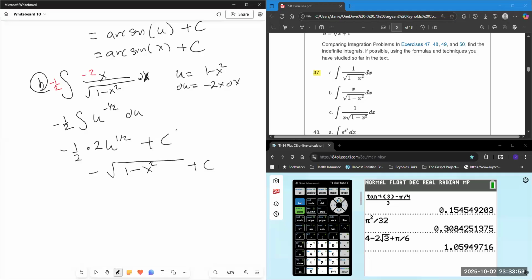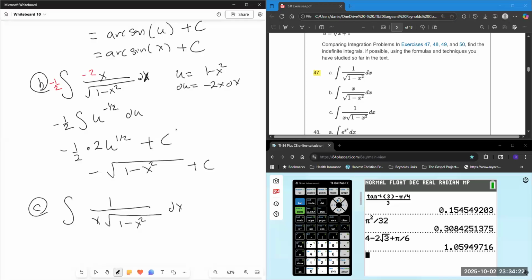For part C, integral of 1 over x root 1 minus x squared dx. That's not right. If it had been x squared minus 1, where it was u squared minus a squared with the u on the outside and the du up top, I would have been able to do it.